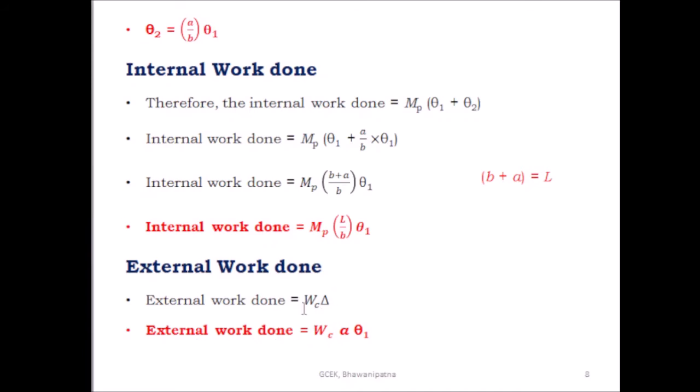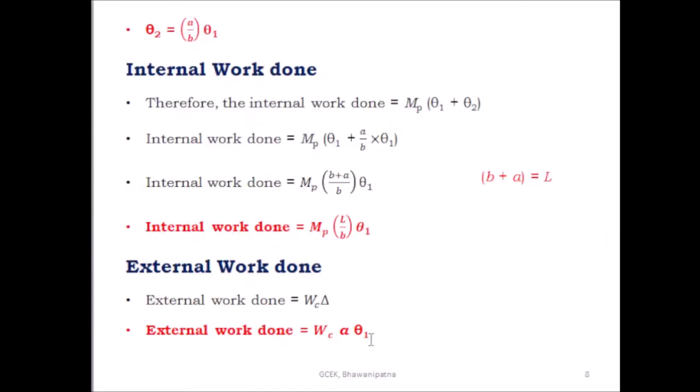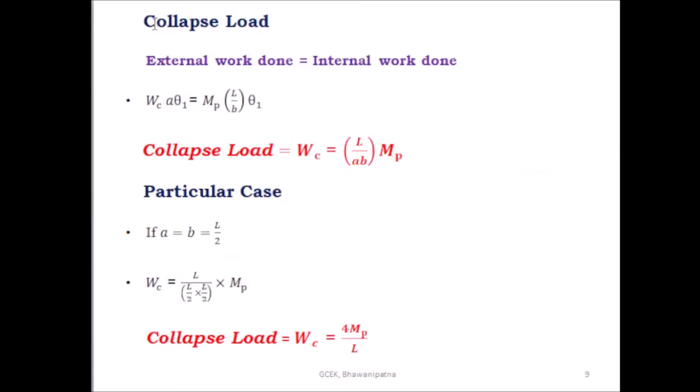But we know delta is equal to A theta 1 is equal to B theta 2. So we have to put here, in the place of delta, A theta 1. So the external work done is equal to WC into A theta 1. Here the collapse load can be found by equating the external work done with the internal work done.